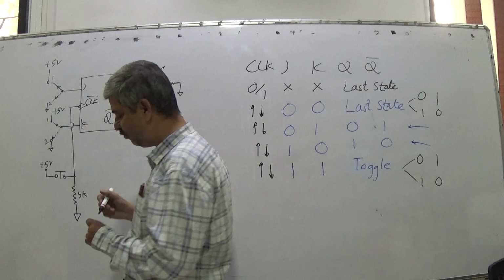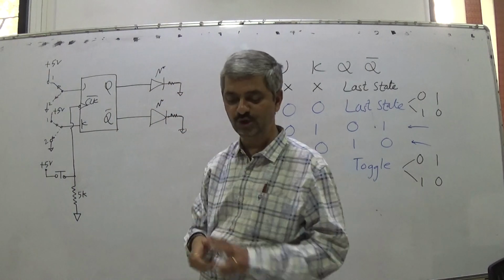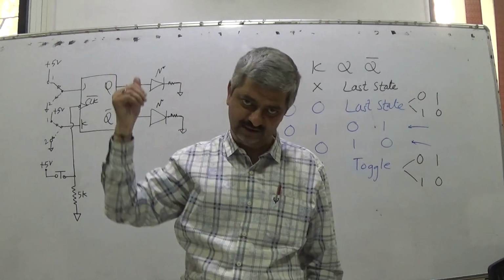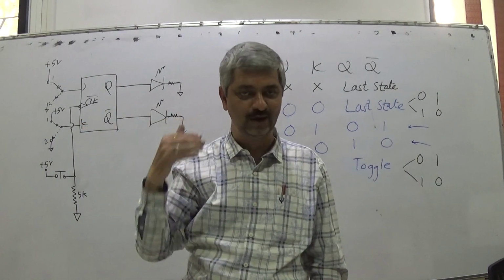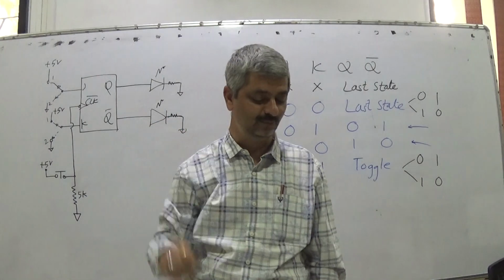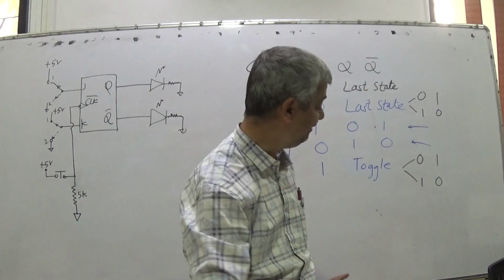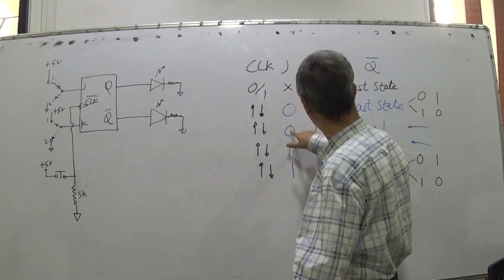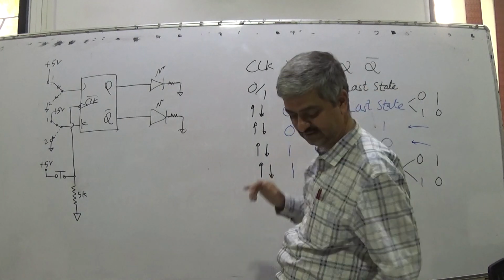So this Q and Q bar both are LEDs. So what you can do? J and K you can put anything, and Q and Q bar you can check, and clock you can give. So I will explain what is the meaning of these two states and these two states.